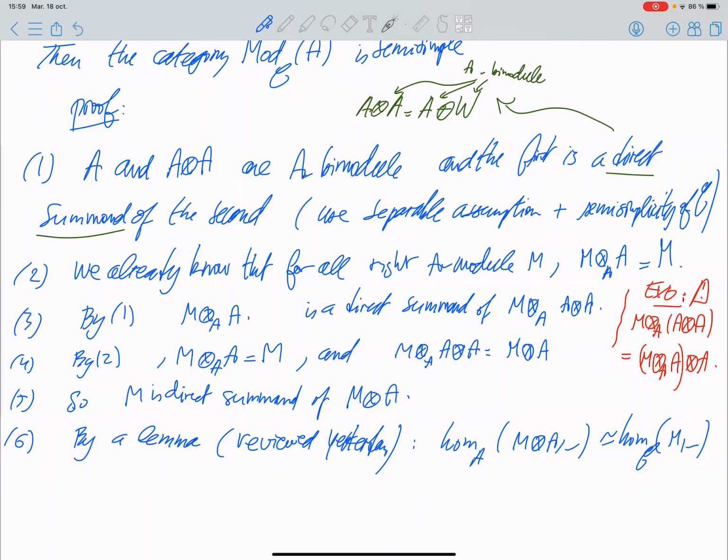And then so now C is semi-simple. So M in C is semi-simple. Any object is semi-simple.